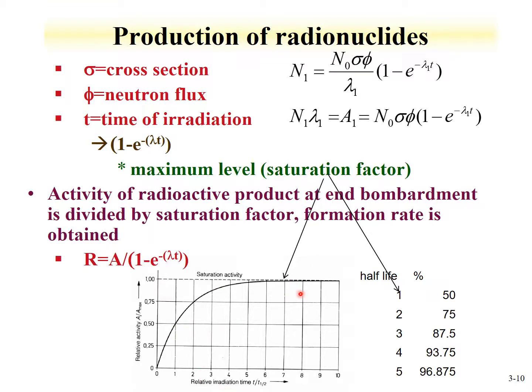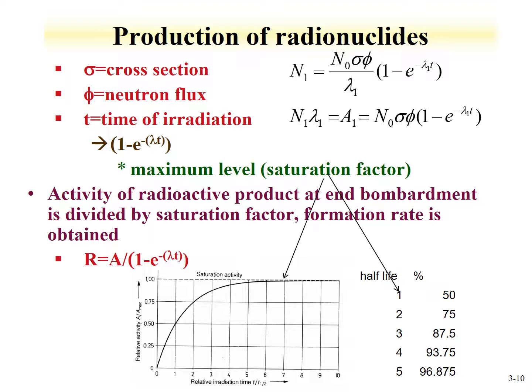So this tells us something about how many half-lives we should really irradiate a sample before we start losing the benefit. If we irradiate a sample for over 5 half-lives, we've basically saturated, and we're not going to be making any new isotope if we're irradiating for more than 5 half-lives of that isotope.